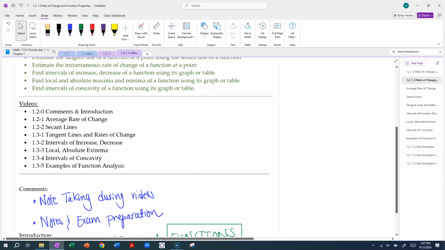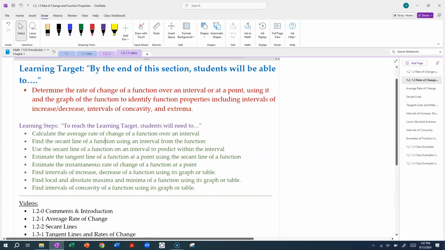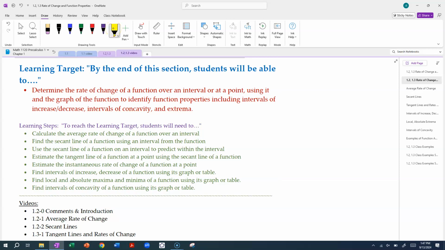Next, I want to encourage you to always pay attention to the first page of the slides, even if you don't look at them all the time. Review them periodically, especially as we get closer to exams, because when we write exams, we look at the learning targets and then typically write a question based on that learning target.